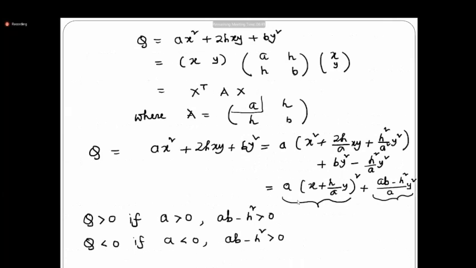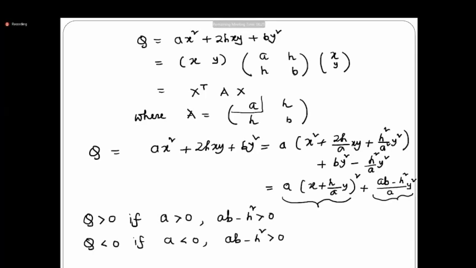So obviously in that case, it may happen that a is greater than 0 and this part is equal to 0, so ultimately you are going to get 0. So some part you are going to get as 0 and some part it may be positive. If it is coming like that, then you are going to get positive semi-definite.